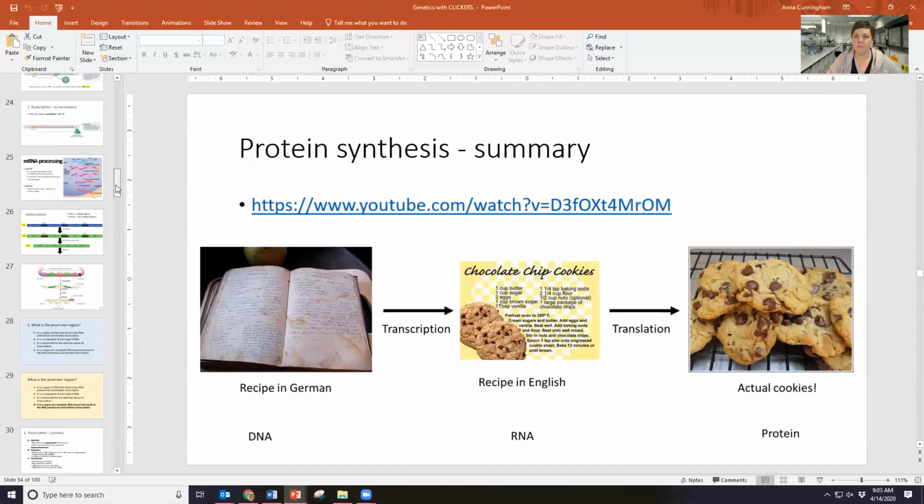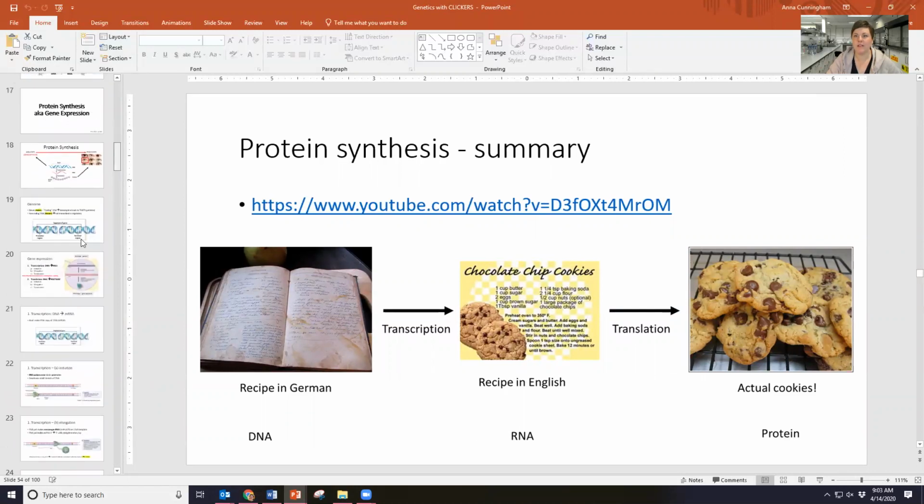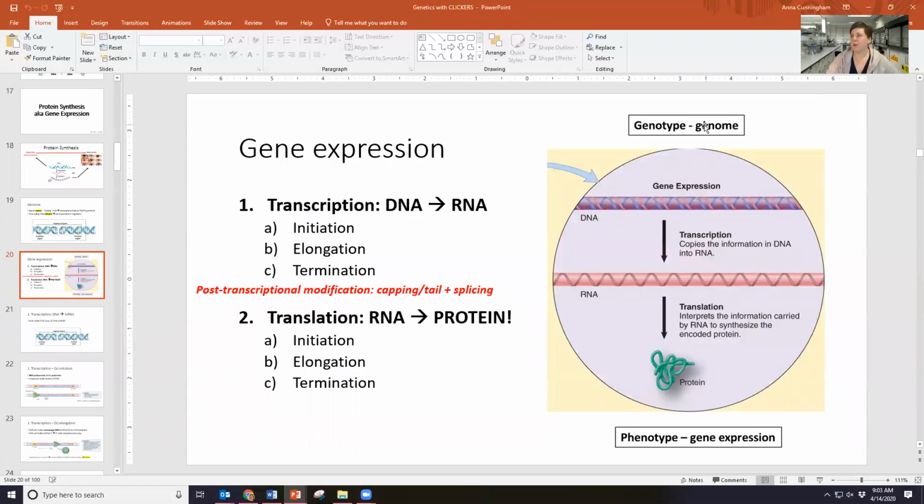So just a reminder, when we're talking about that process, we're going from a genotype, which is the set of genes you have, so DNA, and making a copy of that in the form of mRNA, and then getting that mRNA to a ribosome, and that's where that mRNA is made into a protein. So this is basically how we go from all the instructions of life found in your nuclei or the genome of organisms to the physical manifestation, how we go from genotype to phenotype.